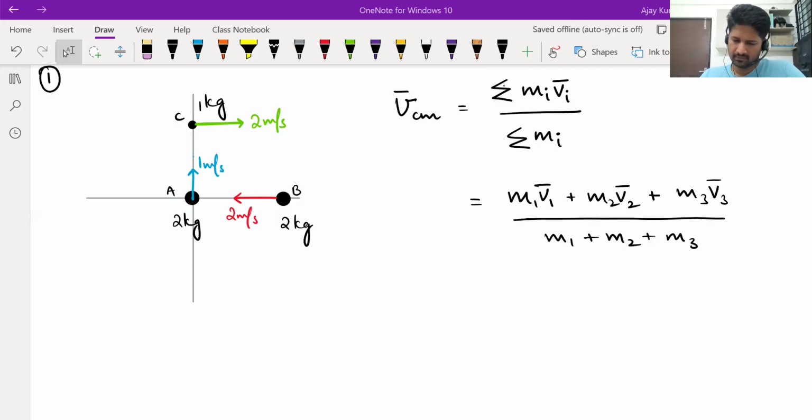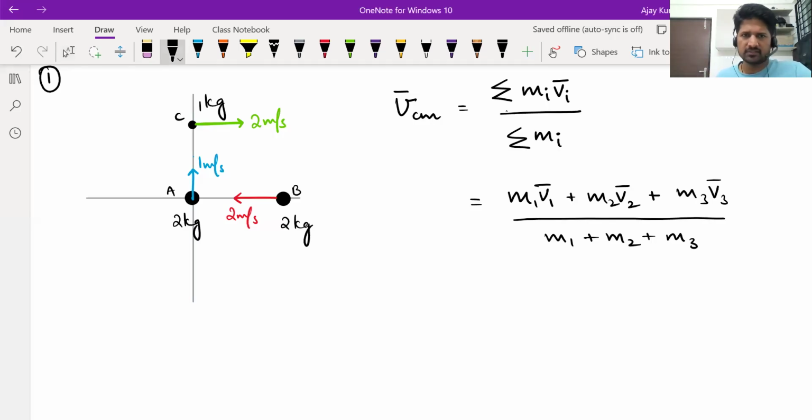We'll see. Okay, whole divided by 5. Fine, so minus 2 by 5 I cap plus 2 by 5 J cap.